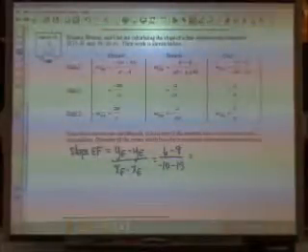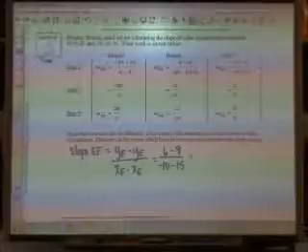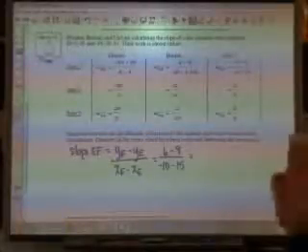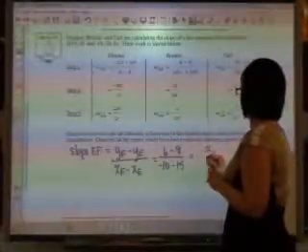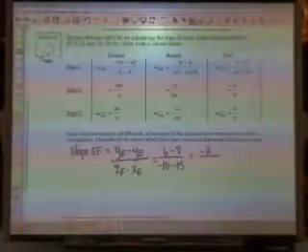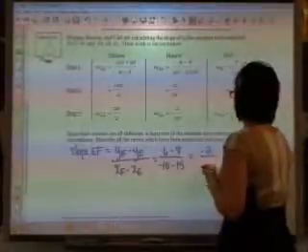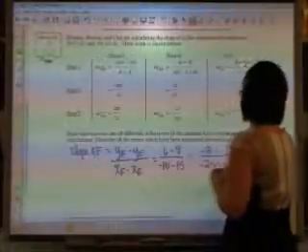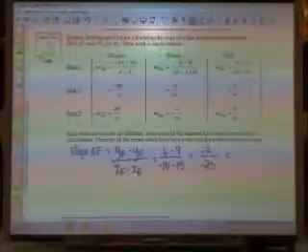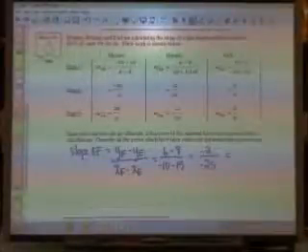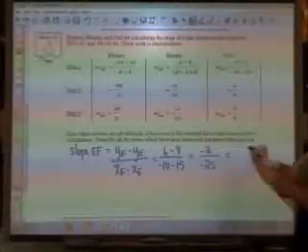So what is 6 minus 8? And negative 10 minus 15, negative 25. And what is a negative 2 divided by a negative 25? Positive.